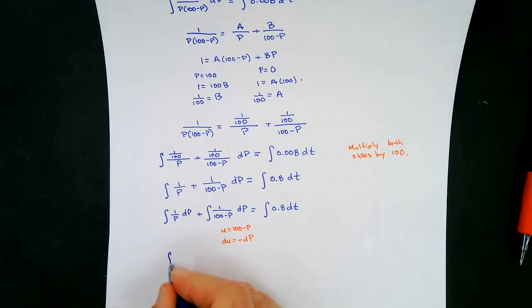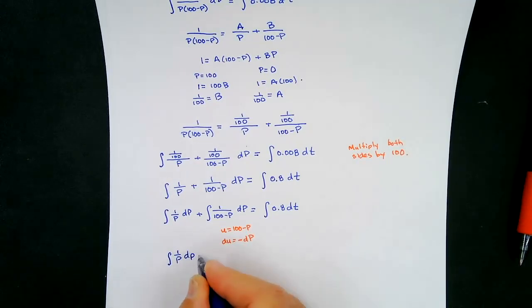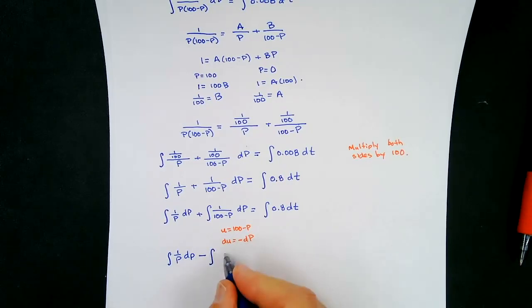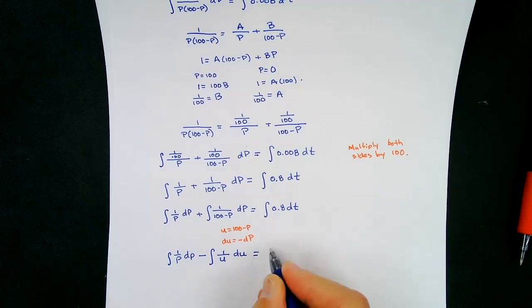So this integral becomes the integral of 1 over p dp minus the integral of 1 over u du is equal to the integral of 0.8 dt.